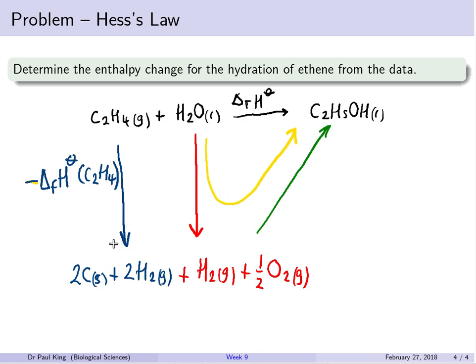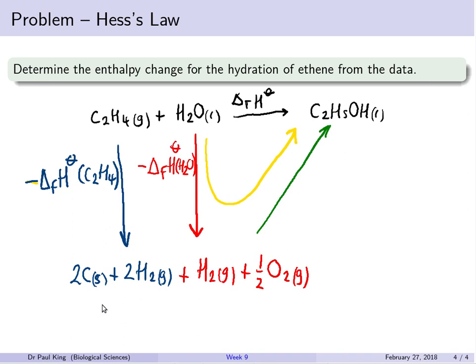Likewise, the enthalpy change for the red reaction that I've shown here corresponds to the reverse of the formation of water, because the arrow is going in the opposite direction. So the enthalpy change for that is going to be minus the enthalpy of formation of water, H2O.